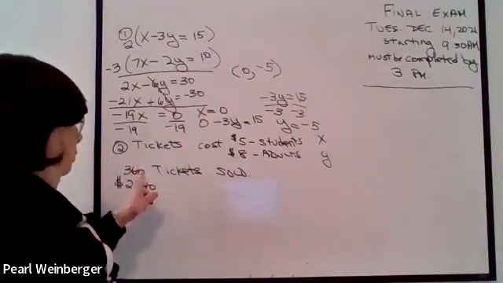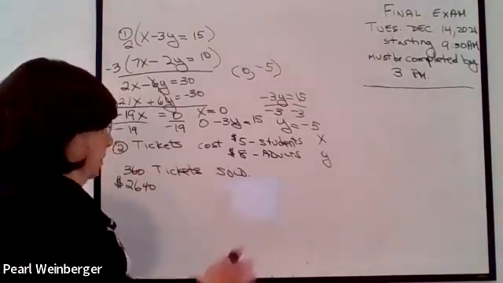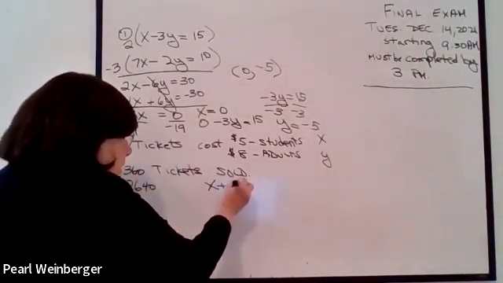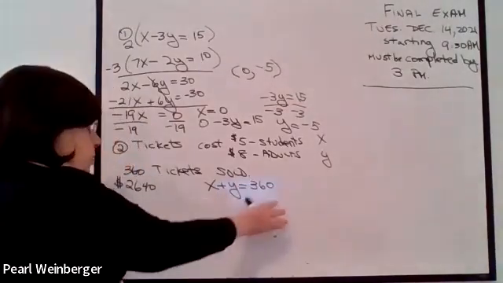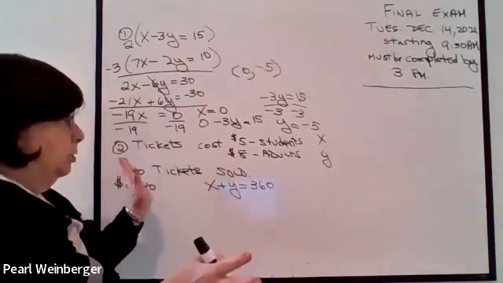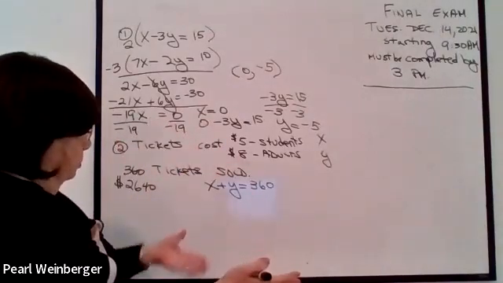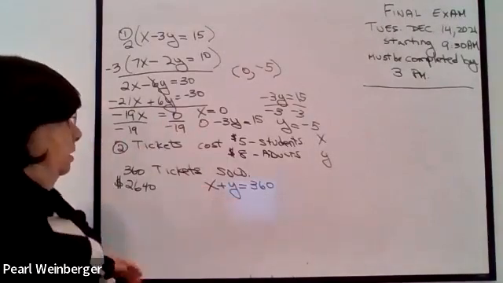Now, we know that a total of 360 tickets were sold. So that equation becomes X plus Y equals 360. It has nothing to do with money, it's just how many there were. So adult tickets and student tickets together, there were 360 of them.